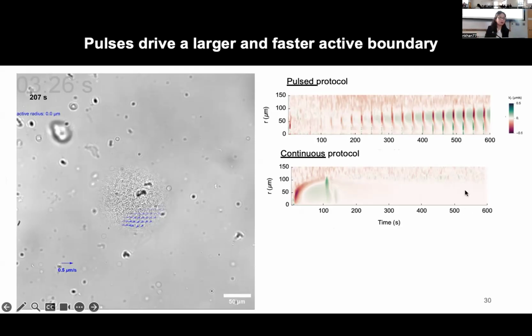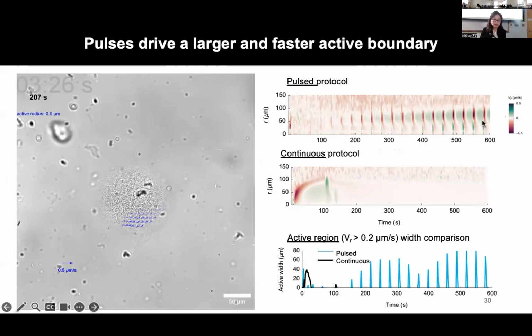But if I give the pulse to the system, every time I pulse the system, I'm kind of recharging the system again and again. And it starts giving us a stronger and stronger response. What I mean by stronger is, if you're seeing the dark color here from the beginning to the end, the color becomes darker. It means the contraction rate gets higher and higher.